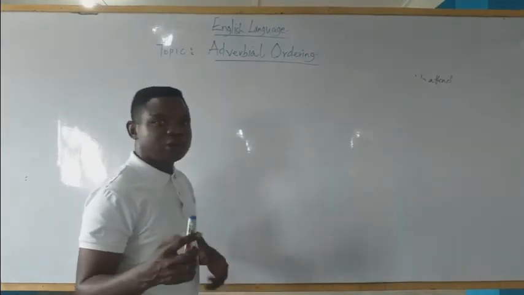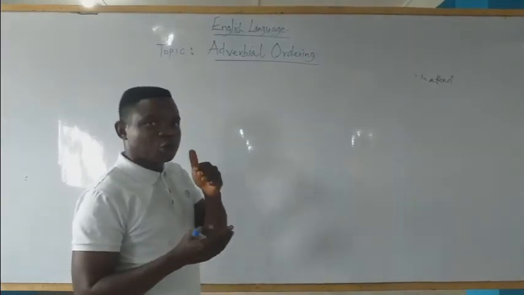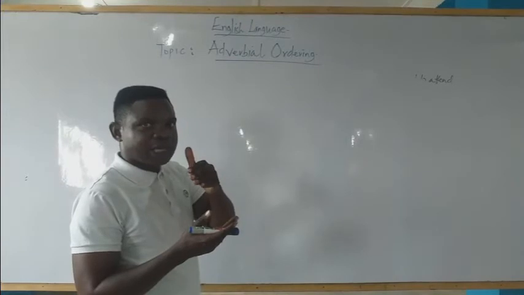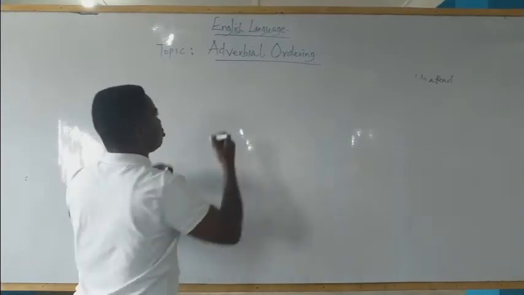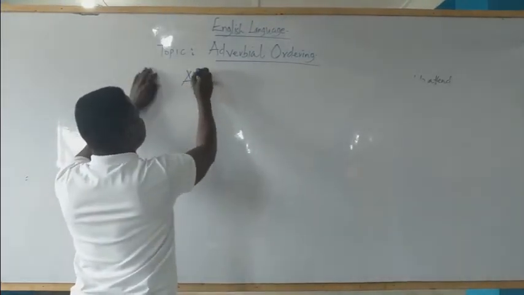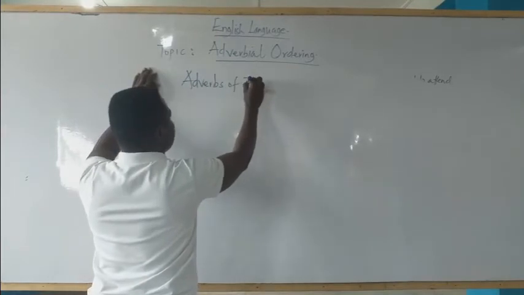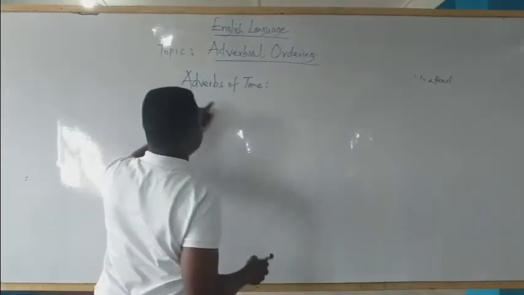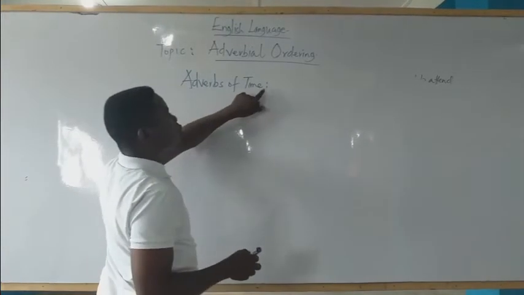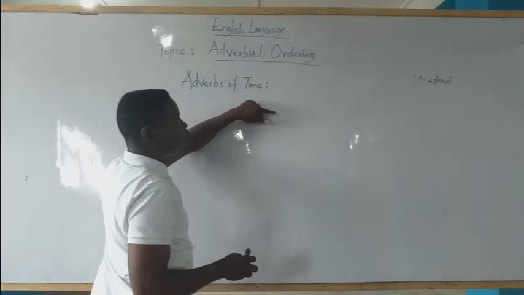Now, before we take examples, let me quickly take us through those adverbs and their types, so that when you see them in a sentence, you can define them. Number one is adverbs of time. Which words in English show time?